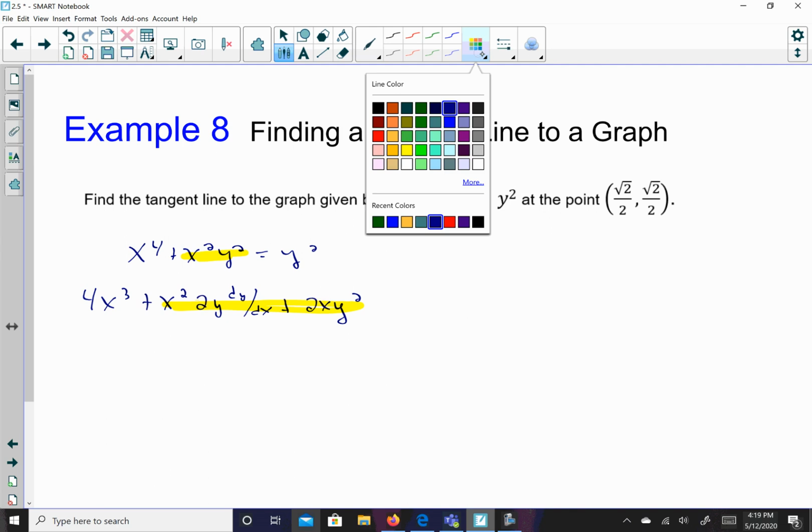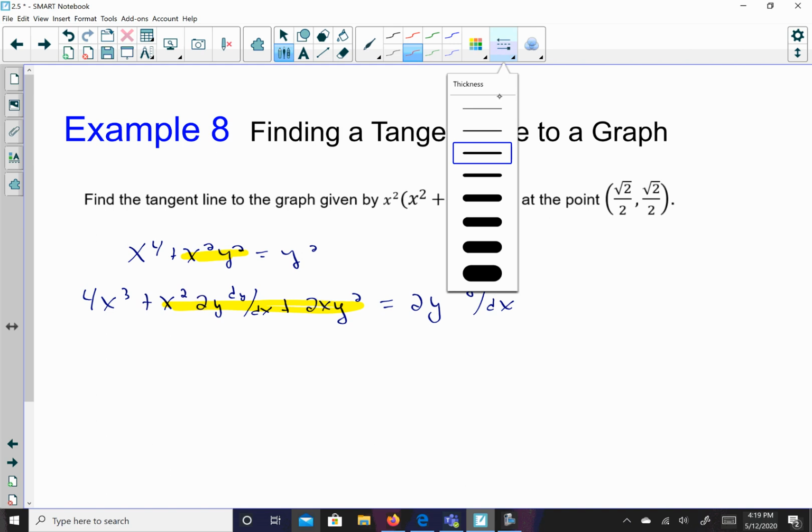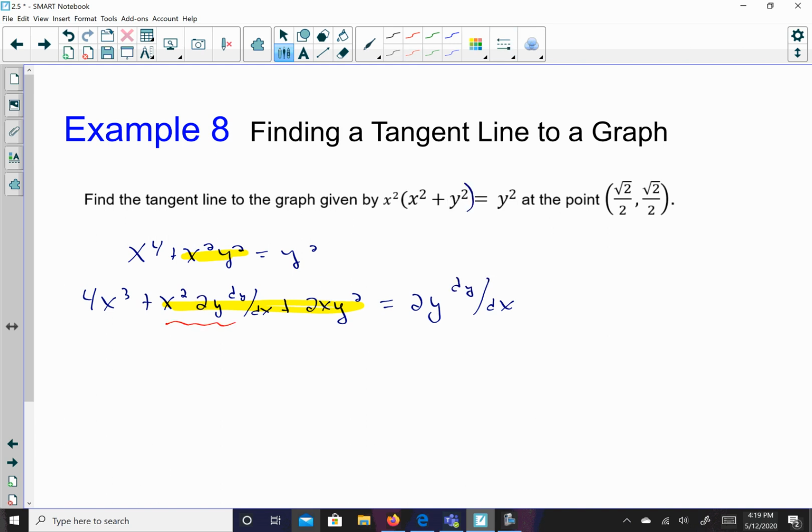And then this is equal to 2y dy dx. So I have two terms with dy dx. This term here has a dy dx, and this term here has a dy dx, while this one doesn't and this one doesn't, so I'm going to take the dy dx terms over to one side.